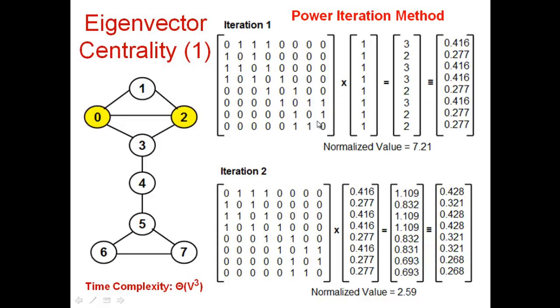So the multiplication is the key operation you repeatedly do. From an algorithmic point of view, that's also called the basic operation that's repeatedly done. So in each iteration, you do v square multiplications because the matrix has v square entries where v is the number of vertices.